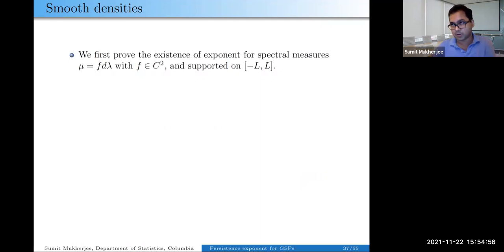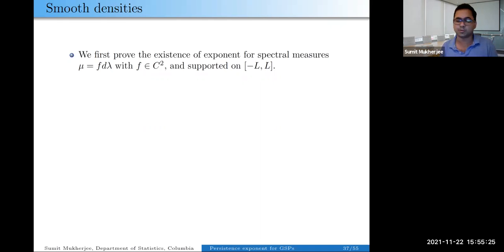So the thing doesn't qualify because it's not C2 at the endpoints, but I want C2 everywhere. So we want to understand the existence of exponents in this case, and then hopefully we can approximate measures which have densities by nice continuous functions. And finally, the hope is that we can approximate general measures by absolutely continuous measures.